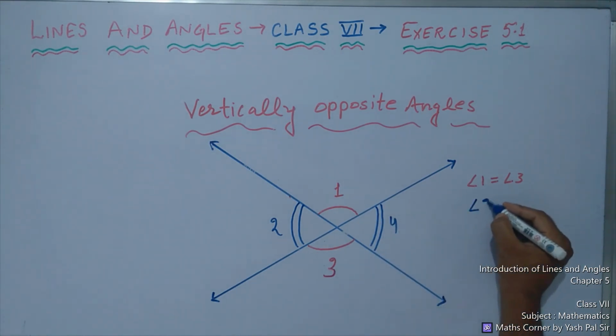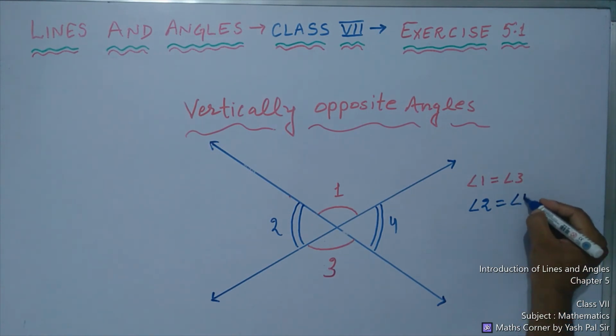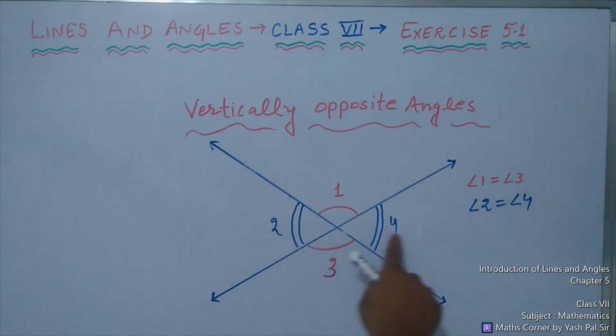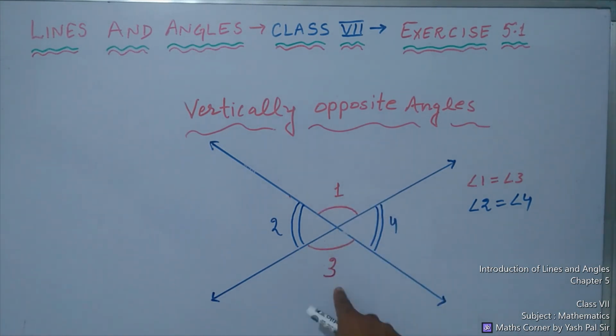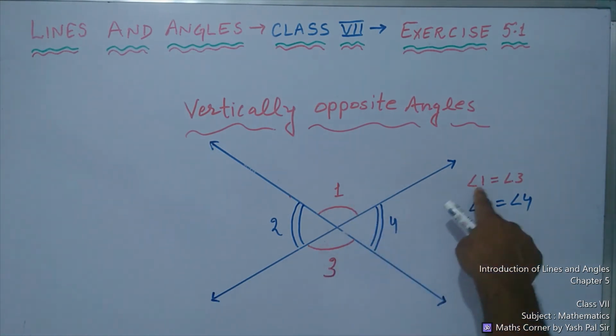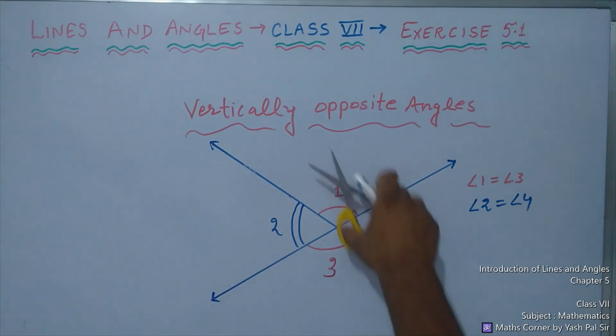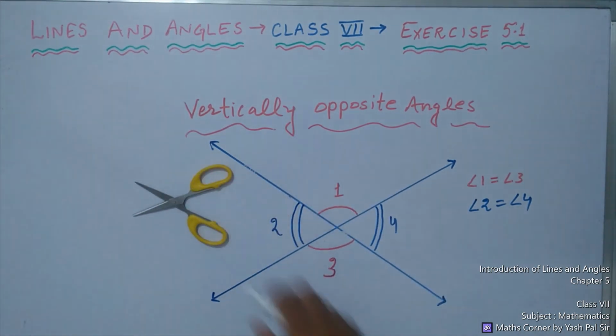Here angle 2 is equal to angle 4. Vertically opposite angles are always equal. Angle 1 and angle 3 are vertically opposite angles, so they are also equal.